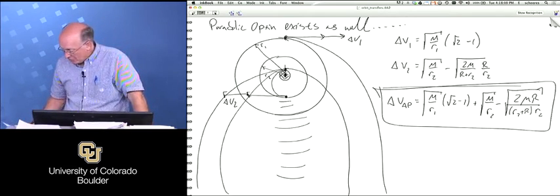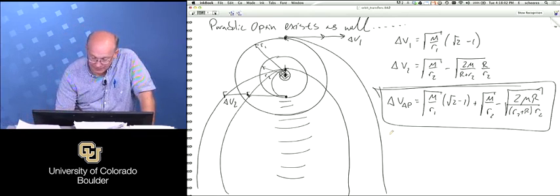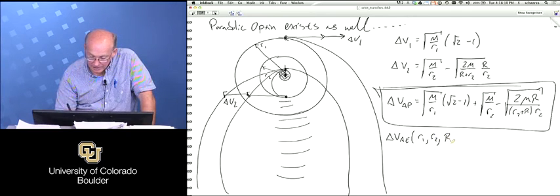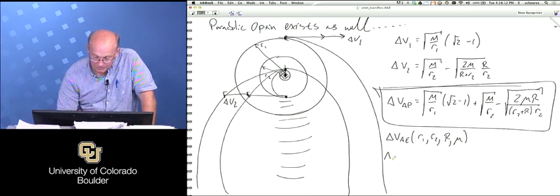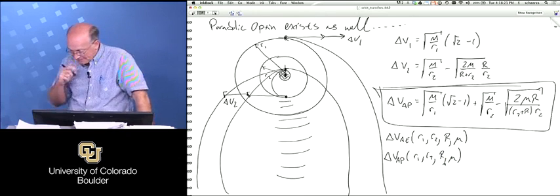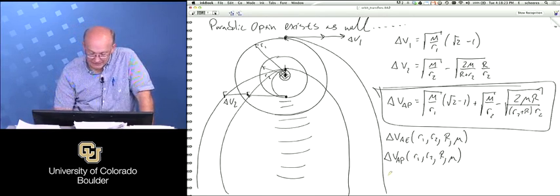What we'd like to do, similar to what we did before, is note that these are now a function of R1, R2, cap R, and mu. Same thing with delta V, aero-assist parabolic, of R1, R2, cap R, and mu. And we'd like to normalize.